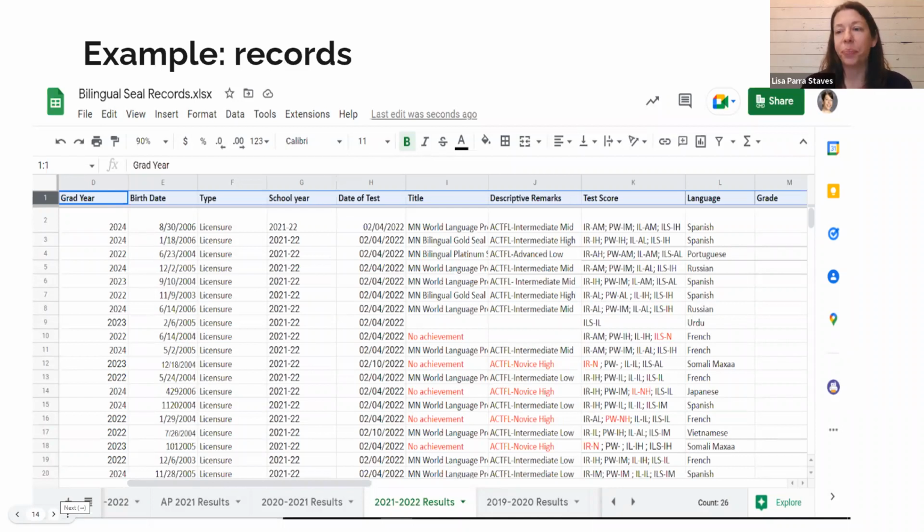Those are some important parts, especially that graduation year. And like Ayumi said, the English language arts credits as well. That might be the job of the bilingual SEAL coordinator. That might be someone in registration with the district as well. It just depends on how it's set up and who has access to data.